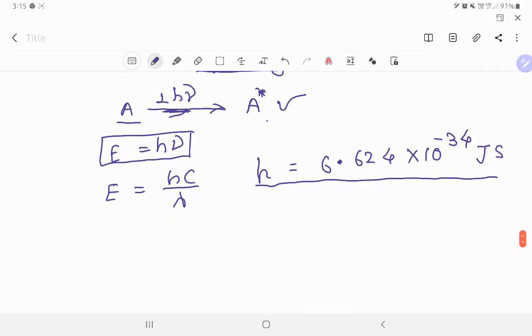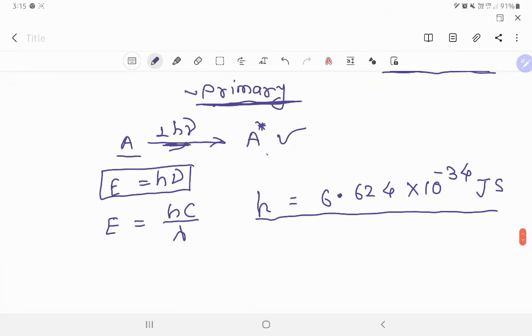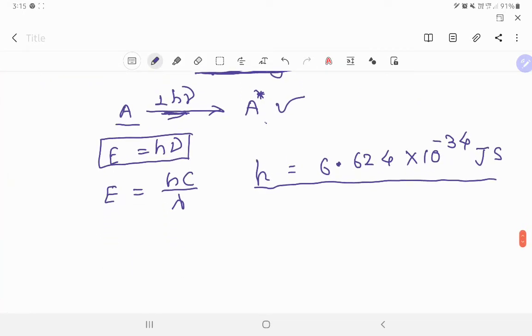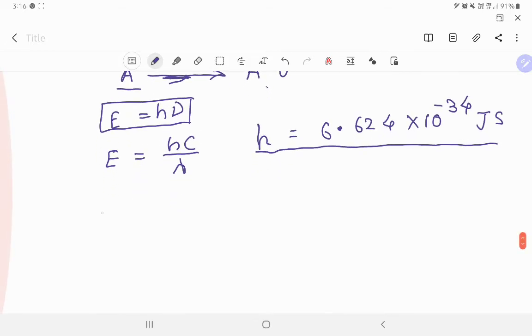Okay. Now, if we consider this Stark-Einstein law, one molecule absorbs one quantum of radiation. Two molecules absorb two quanta of radiation. Three molecules absorb three, four, four. It is a photochemical equivalence law. Now, before going to one mole, we will go for n number of molecules.